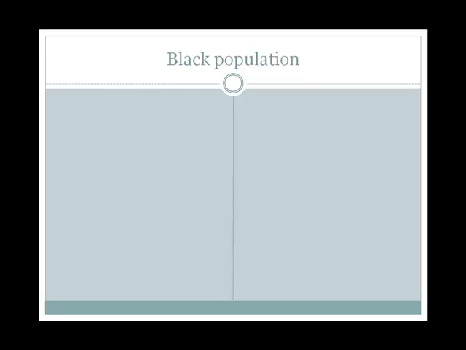Now, what does this black population look like in colonial America by the 1700s? In terms of numbers, their numbers are small before 1675. Then between 1675 and 1777, the number increases to about 300,000 blacks in the colonies.